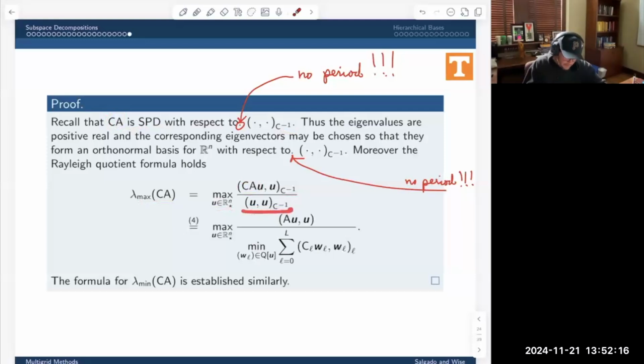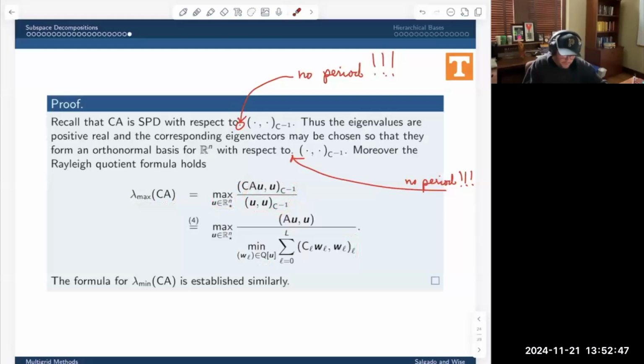And now we're just going to replace this with the minimum taken over all the WLs in the Q class of objects which look like that. I don't know why it's important, at least we don't know why yet, but that's how it works out. Now, if I want to find the minimum eigenvalue for C times A, I minimize over these numbers, where u is not equal to the zero vector.